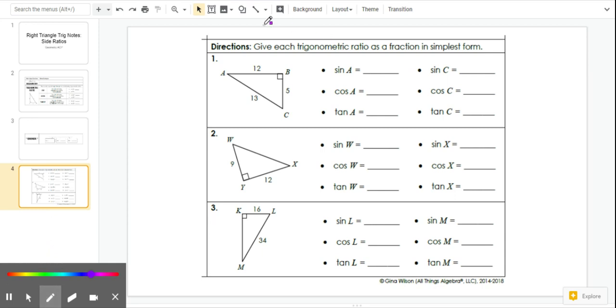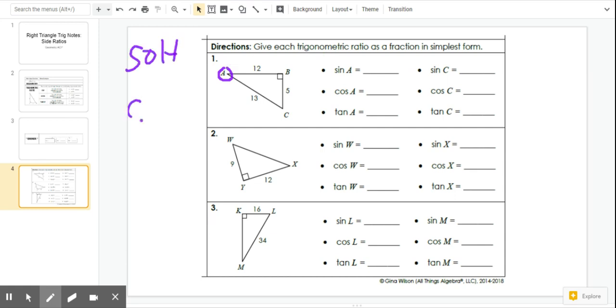Now we want to give each trig ratio as a fraction in simplest form. Sine of A: step one, we need to locate A. It's right here. Let's write SOHCAHTOA off to the side so we remember. Sine is opposite over hypotenuse.